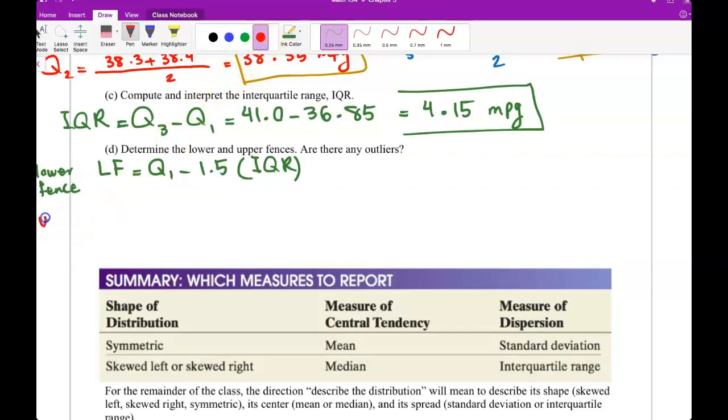And for the upper fence, it is Q3 plus 1.5 times the interquartile range. So here we have Q1, this is Q3, minus, plus.